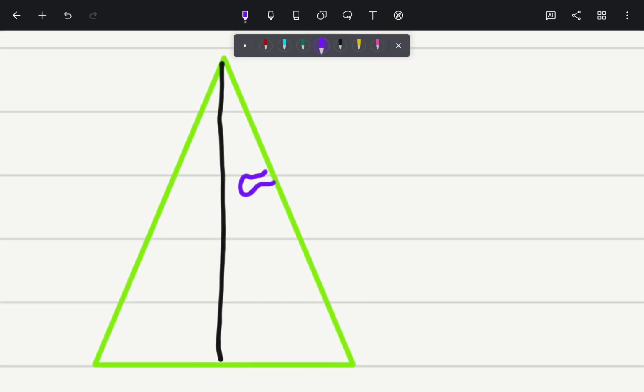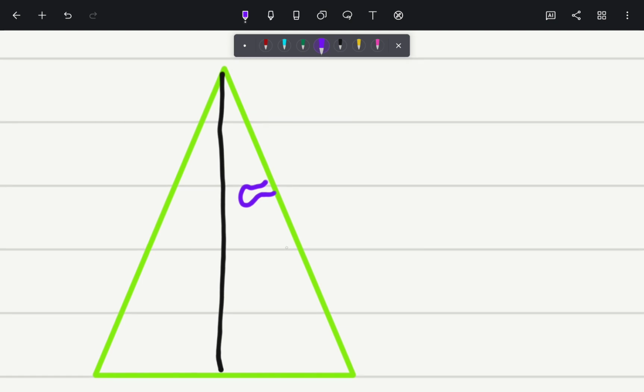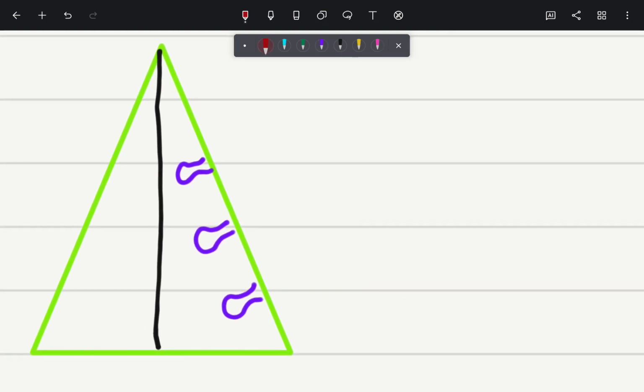This is your superior turbinate, which is an extension of your lateral wall of the nose. This is your middle turbinate, and this is your inferior turbinate. As you can see, between the superior turbinate and the middle turbinate there is a space, and this space is called your meatus.